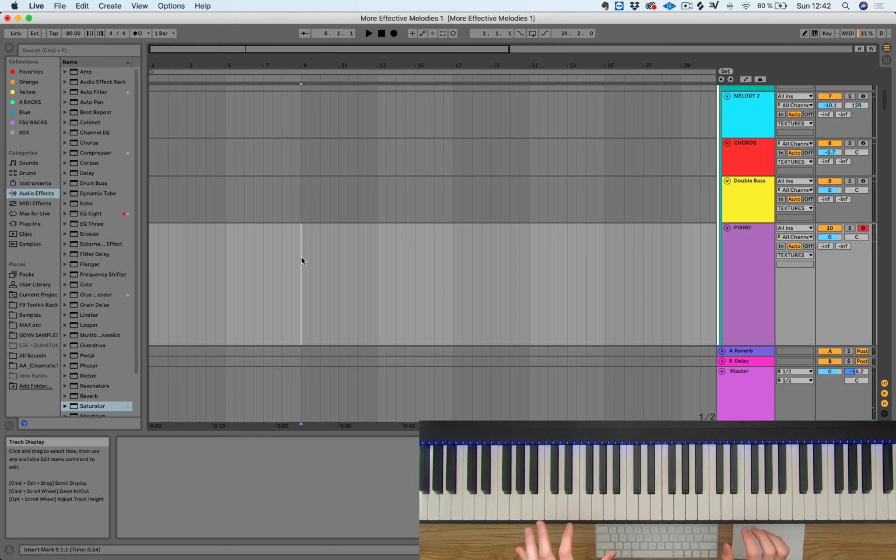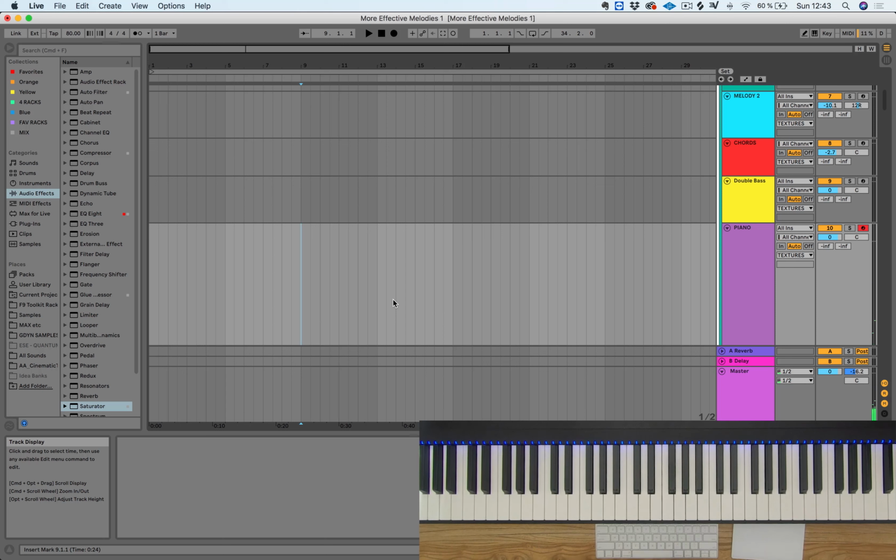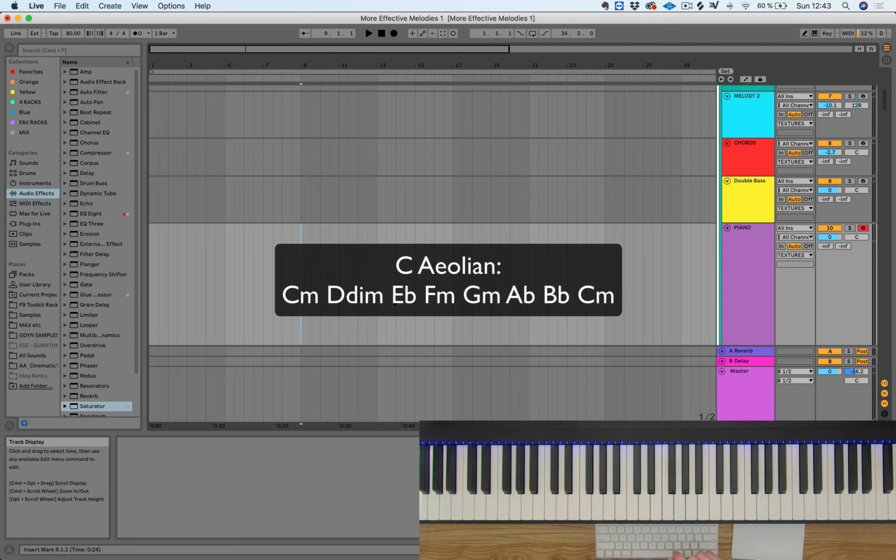Now these all have different chords in them. In C major, you have the chords, while in C minor or Aeolian, you have the chords.